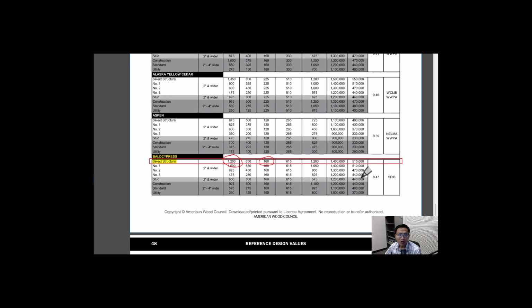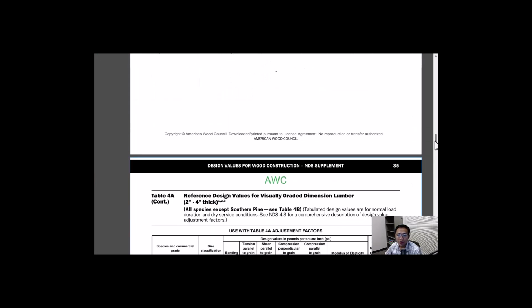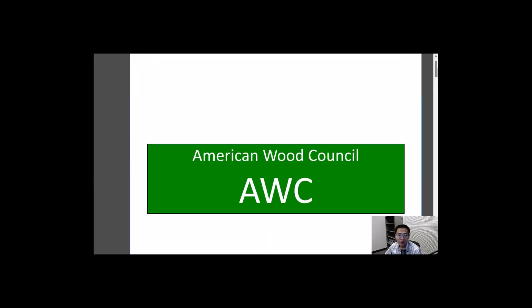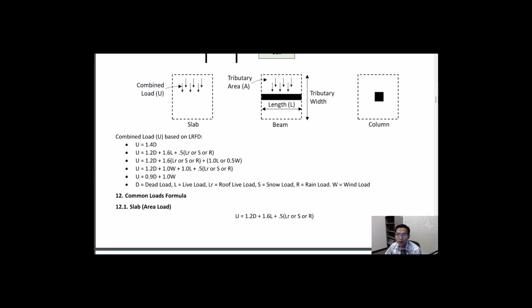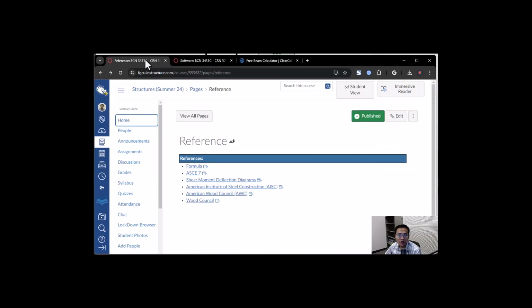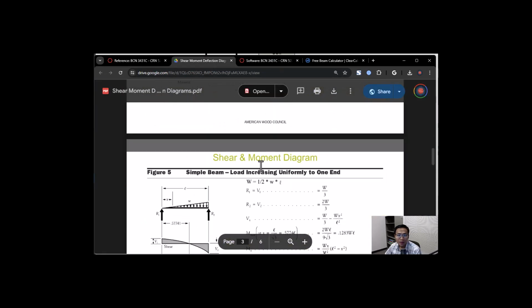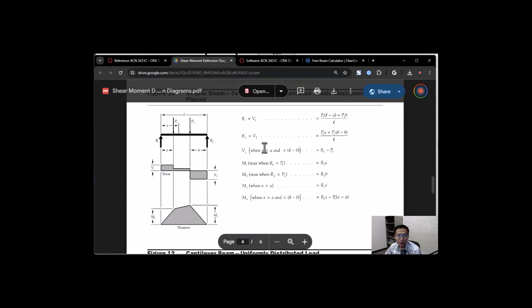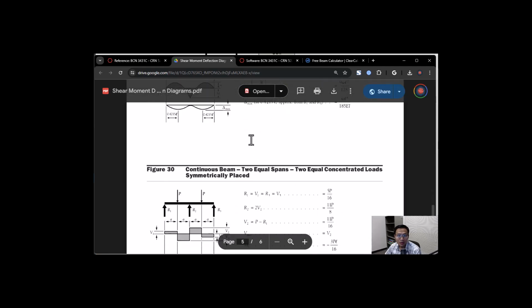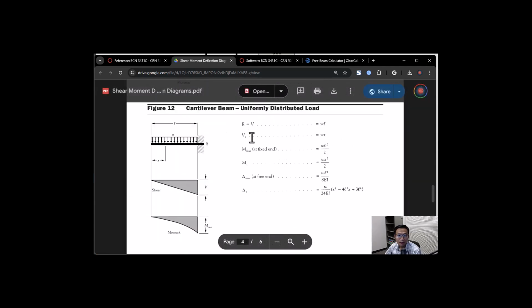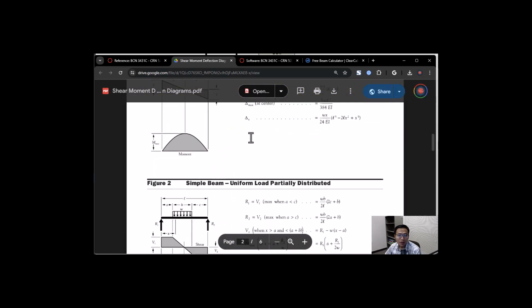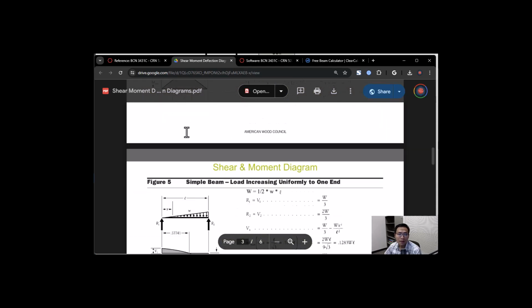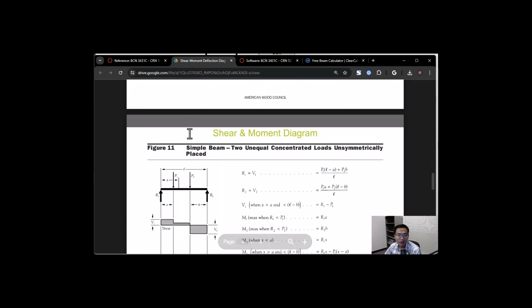Previously I used the software, so now maybe let's try the formula reference. Let's go to Canvas, open the shear moment deflection diagram, and check for the fixed support with concentrated load. Oh, I don't have the reference for that.